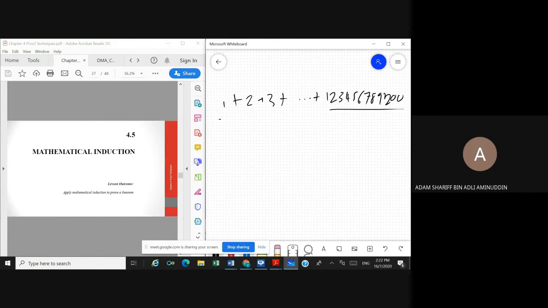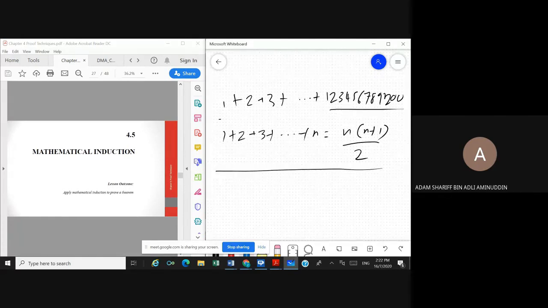You can add up very fast. And suppose this number is n, the formula is just n times n plus 1 over 2. This is the formula for every possible integer of n.